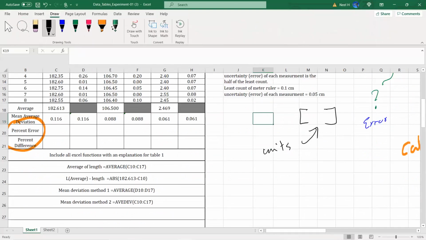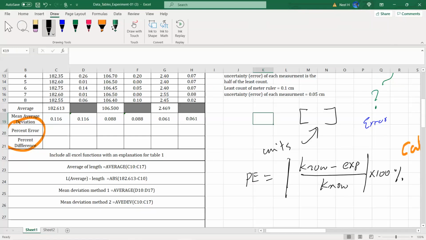There's two types of percent error. The one we call PE means I'm comparing my number to the known value, which means known value minus the experimentally calculated value, divided by the known, or sometimes it's called the standard value too, right? And then multiply by 100, then it is a percentage value.